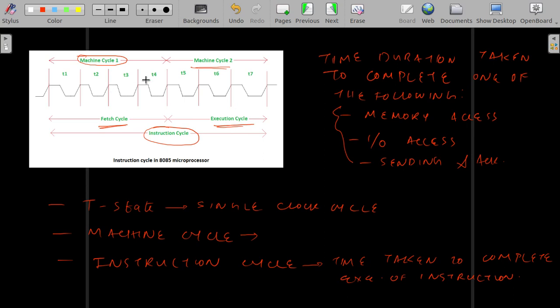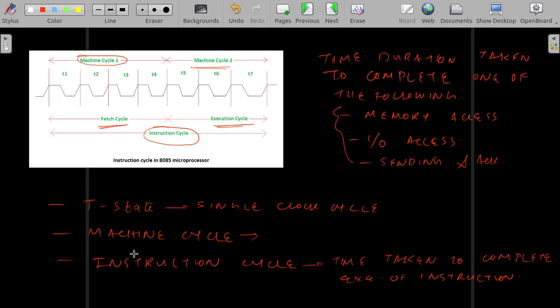Each machine cycle, and these are just two examples of machine cycles, there can be other machine cycles also. Each machine cycle, depending on what purpose it serves, constitutes a certain number of T states. That is, it takes a certain amount of time to do whatever purpose is required. So this is the hierarchy. The smallest division is the T state, which is a single clock cycle.